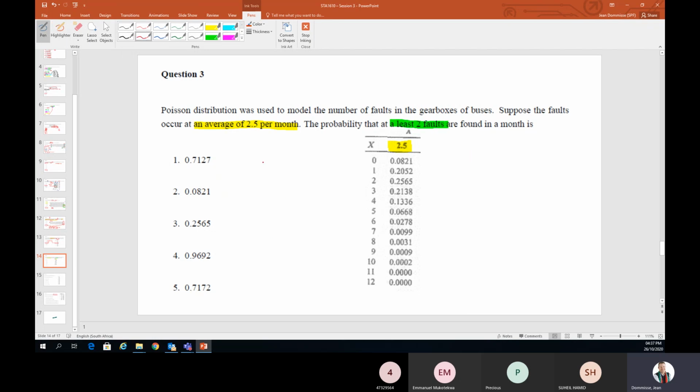Okay, so now I need to think again. So at least 2. What does at least 2 mean? So what do you guys say? What does at least 2 mean? Less than 2.